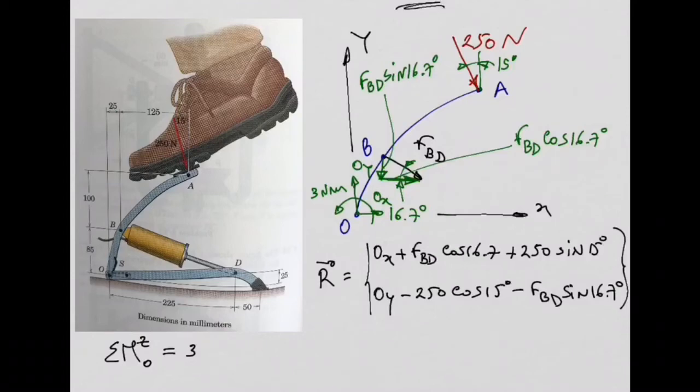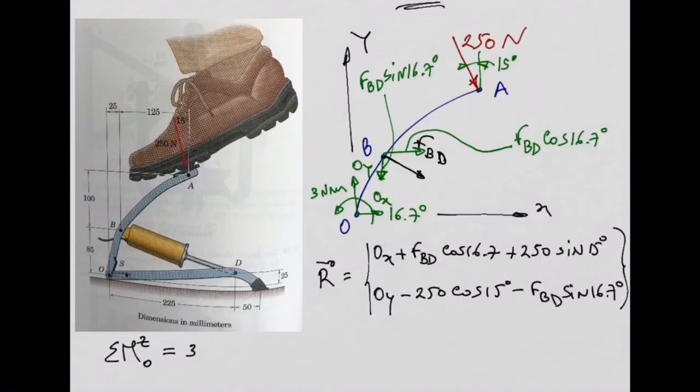In fact, I'm going to move the horizontal component to this position here. All right, so let's start with this one. What is the moment produced by this horizontal component, FBD sine 16.7, about point O?